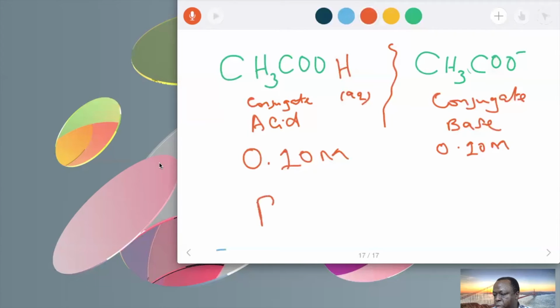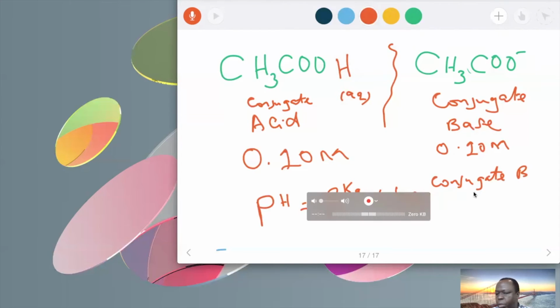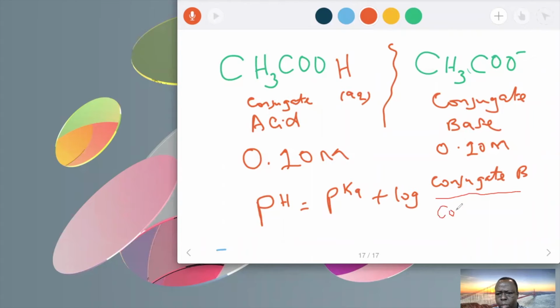Remember from the Henderson-Hasselbalch equation, pH equals pKa plus log of the conjugate base over the acid, the conjugate acid.